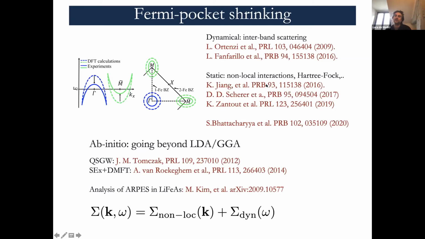In particular, only the second one seems to be giving correct shrinking for iron selenium. So this is interesting for us. But in other materials like the 111, they seem both to give satisfactory shrinking. But we want to really have it ab initio, not just the topology of the Fermi surfaces, but the sizes of the Fermi surface pockets, but the whole band structure.